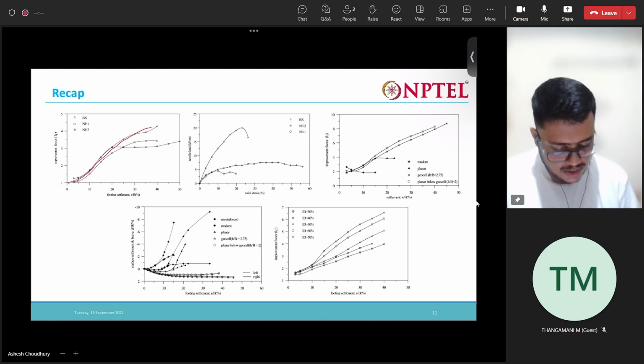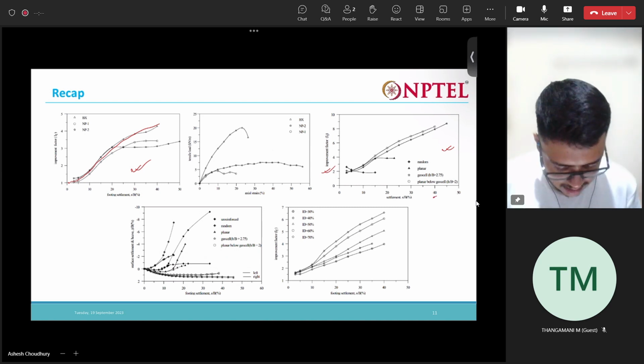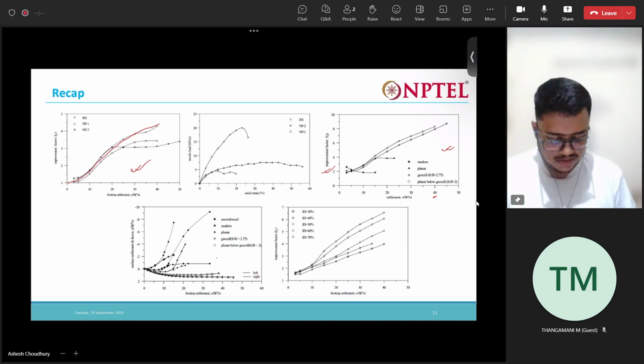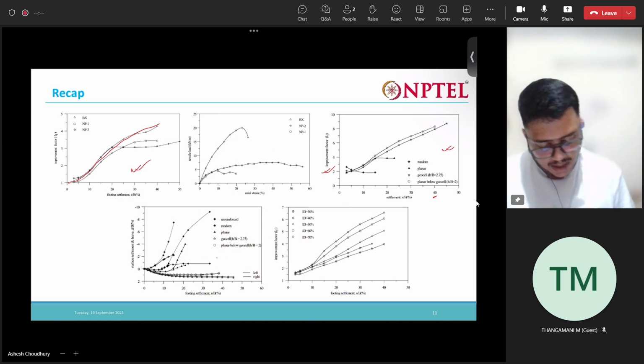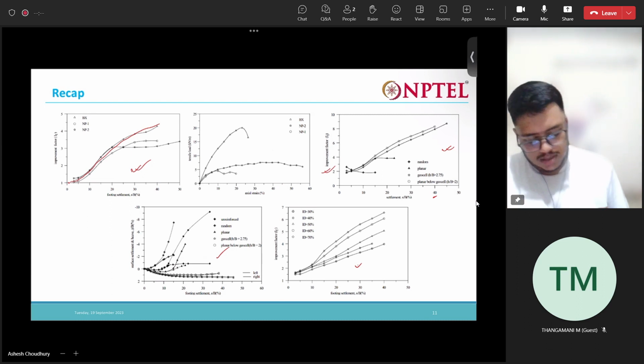This one is for geogrids, and this is for geocell. You can see the star line is for geocell. With the use of geocell, the improvement factor is increasing by a large amount with increasing settlement. And this is for the different arrangements of geocell.